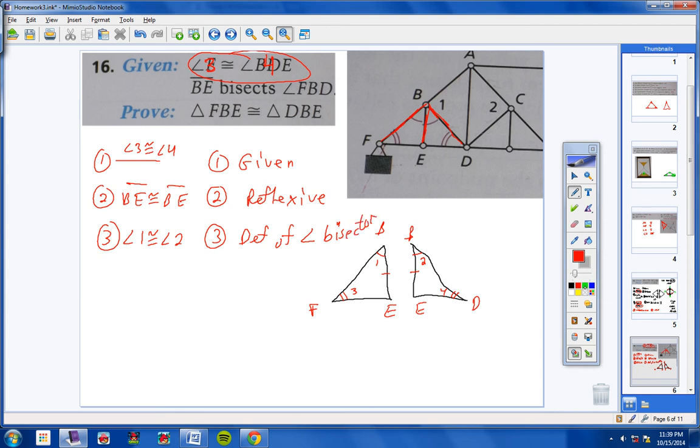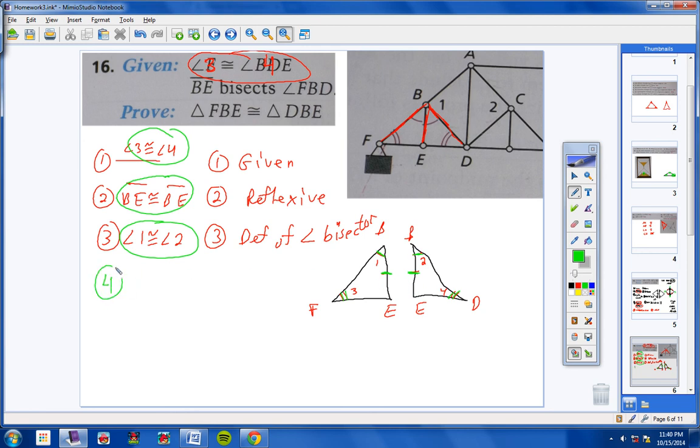So look what you've stated in your proof, students. You've stated 3 is congruent to 4, so you stated this. You stated BE is congruent to BE, so you stated this. And you stated angle 1 is congruent to angle 2, you stated this. So I have angle side of one triangle congruent to angle side of another triangle.